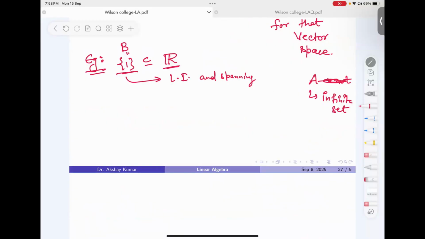An infinite set is said to be linearly independent if every finite subset of it is linearly independent, right?